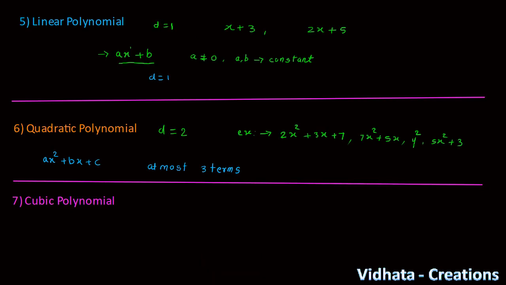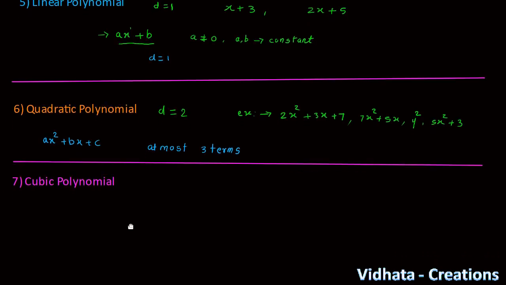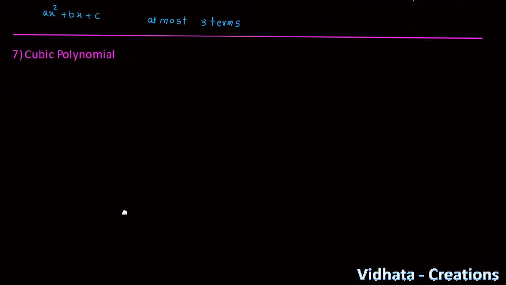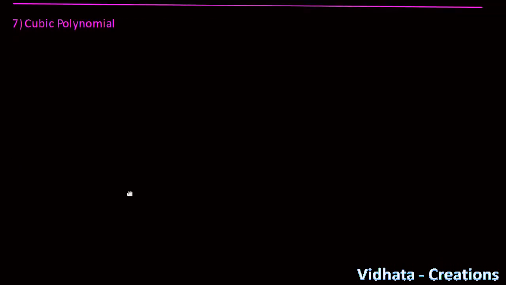Now, our last type of polynomial of which we want to find the degree is a cubic polynomial. Before that, let us take the examples of a cubic polynomial. For that, let us see the examples as, say, 2x cube.